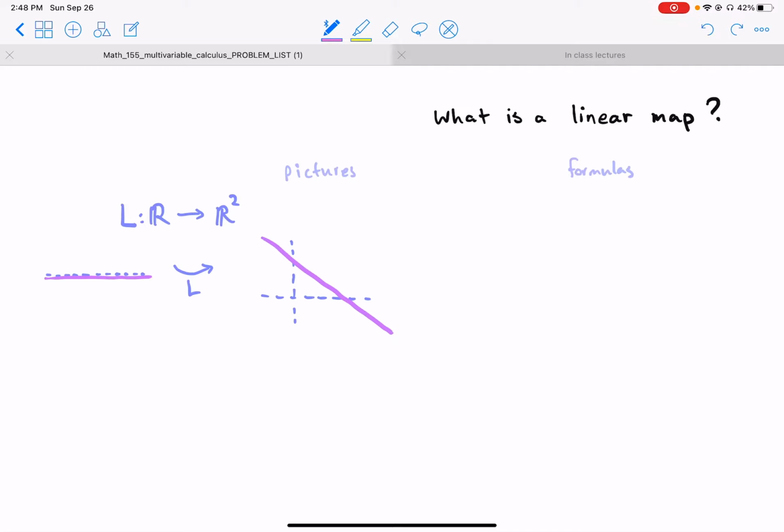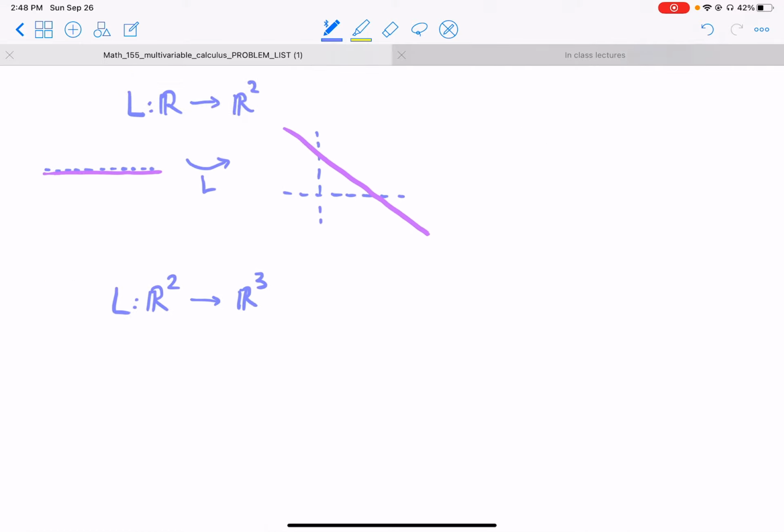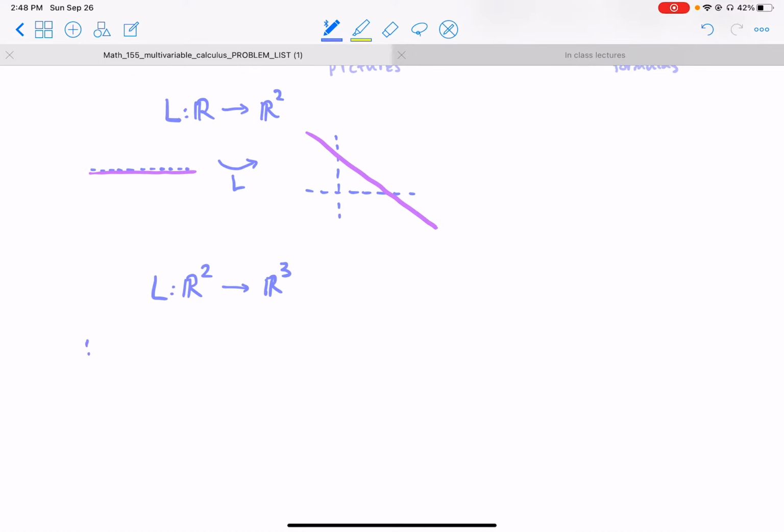Okay, let's try. What if L was a map from the plane to space? What would that look like? We have the plane as the input space, and then L maps it over somehow to an output space, which is three-dimensional. What does it look like?